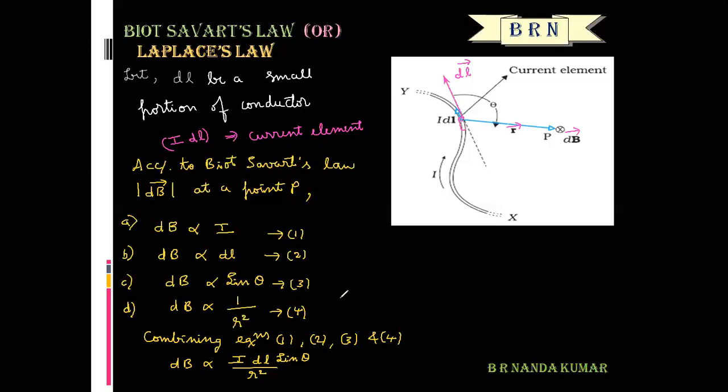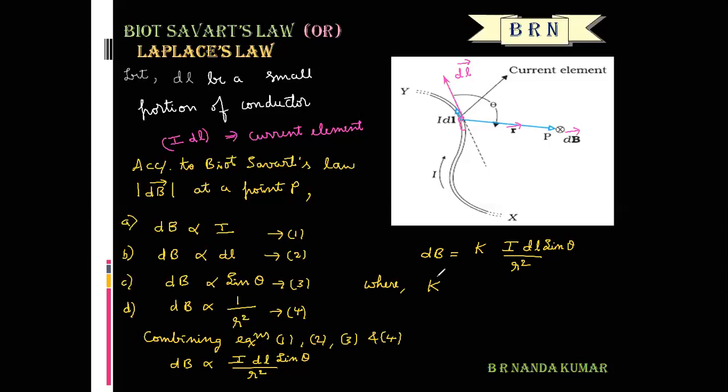Okay, so remove the proportionality, we introduce the proportionality constant. So dB is equal to K I dL sine theta divided by r square. So here K is called the proportionality constant.